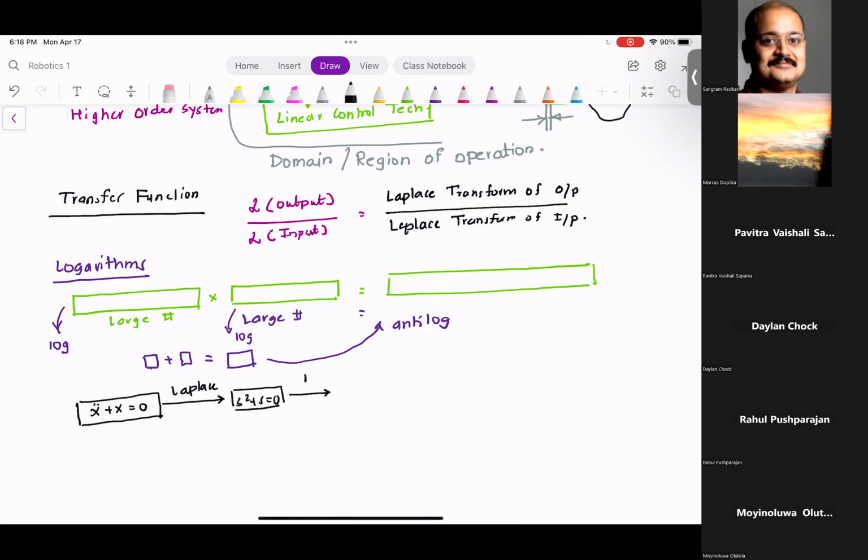And then once you do the inverse Laplace, you get your solution. So there is no integration.